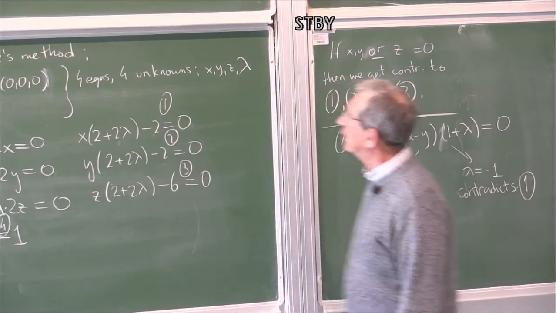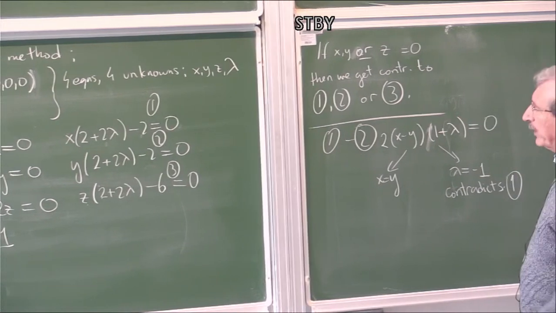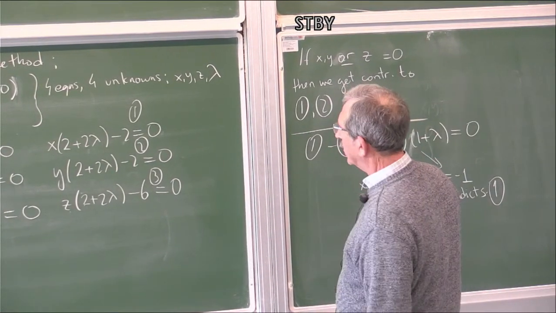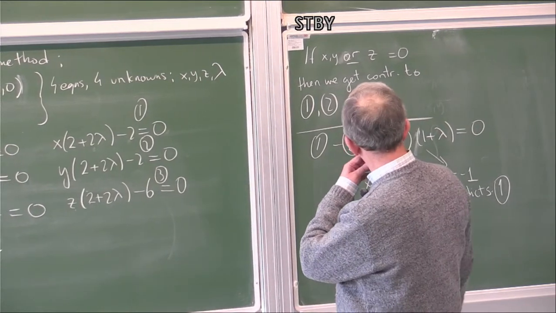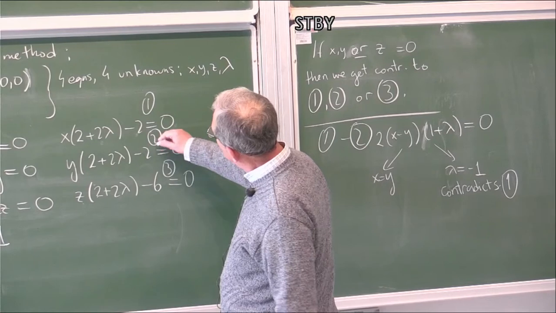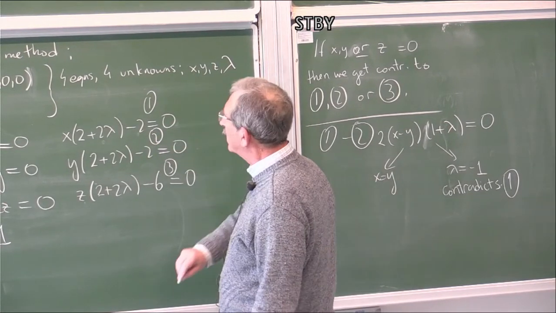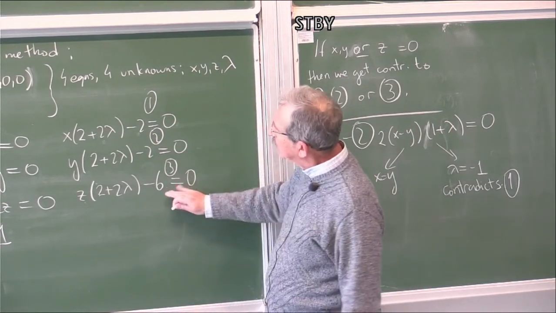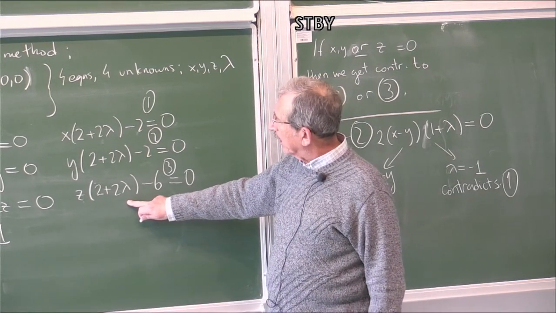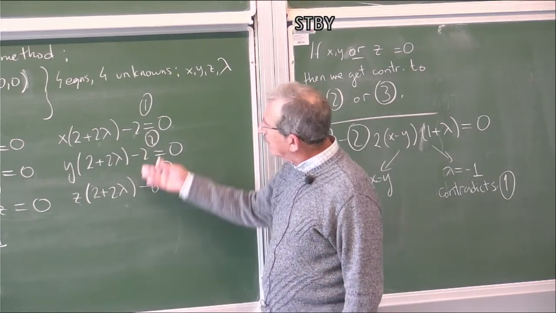What do we get from there? If x is equal to y, let us look at the 2 minus 3 type of thing, so that we eliminate lambdas here. However, we cannot do that directly.